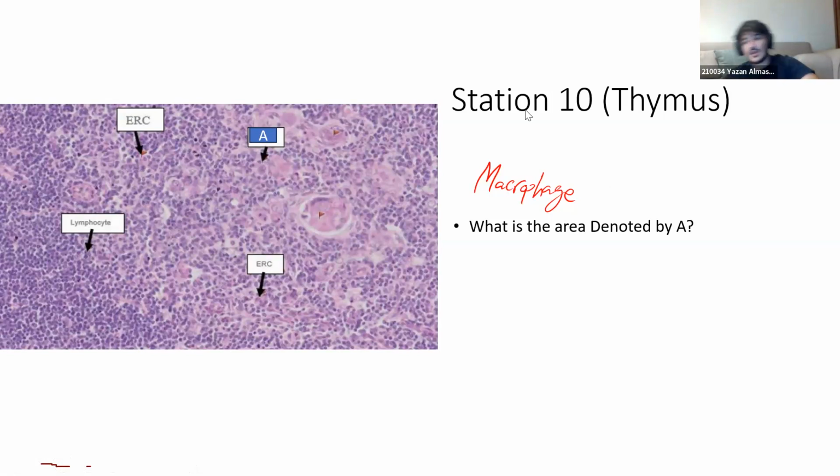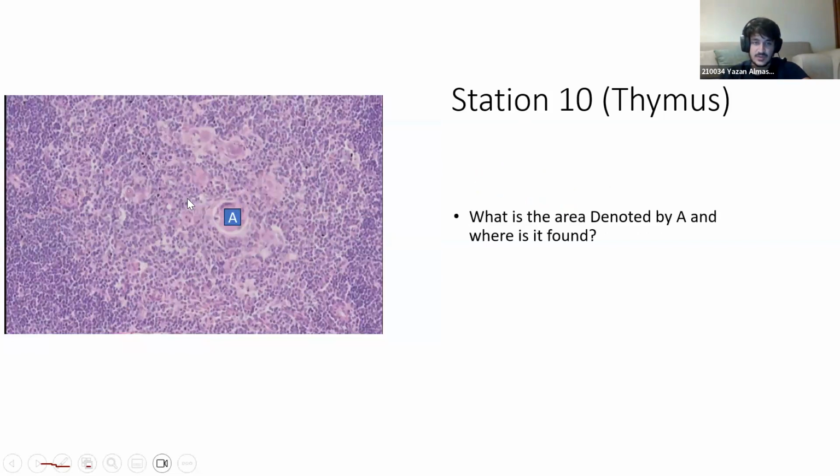Okay. My best advice for you guys is to look at these pictures more than once, okay? Go through them, even if it's just looking at them multiple times. Because if you look at it for the first time, you're gonna be like, oh, what is this? I don't know what this is.